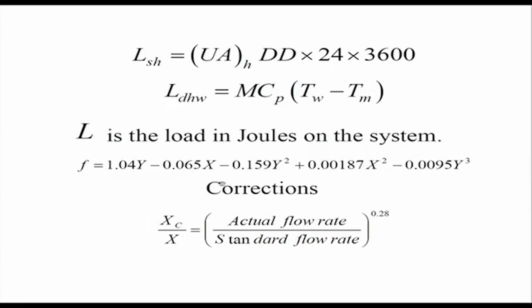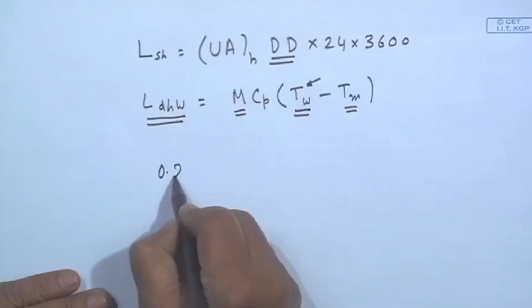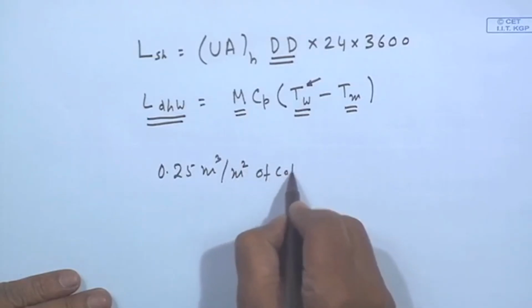So, the relations once again, F for the air systems is given over here, first one, and there are corrections for X if the flow rate is different from the standard flow rate of 10 liters per second per meter square of the collector area, and then you have a correction for the storage, actual storage capacity over the standard storage raised to the power minus 0.30, and the standard storage in this case is 0.25 meter cube per meter square of collector area.